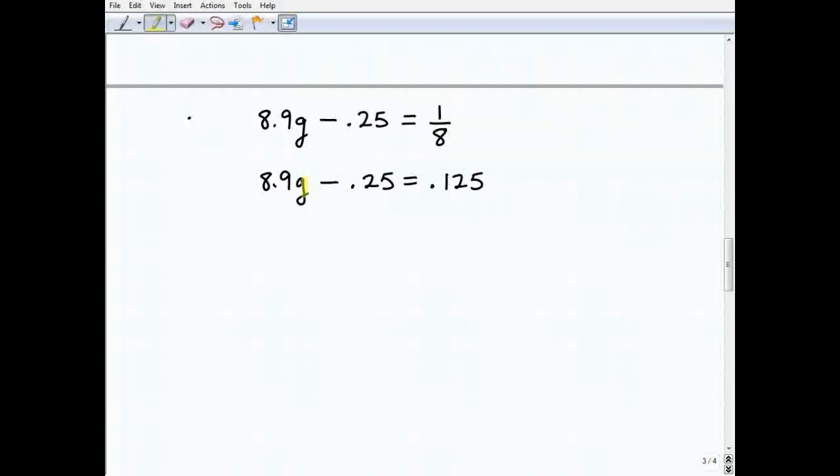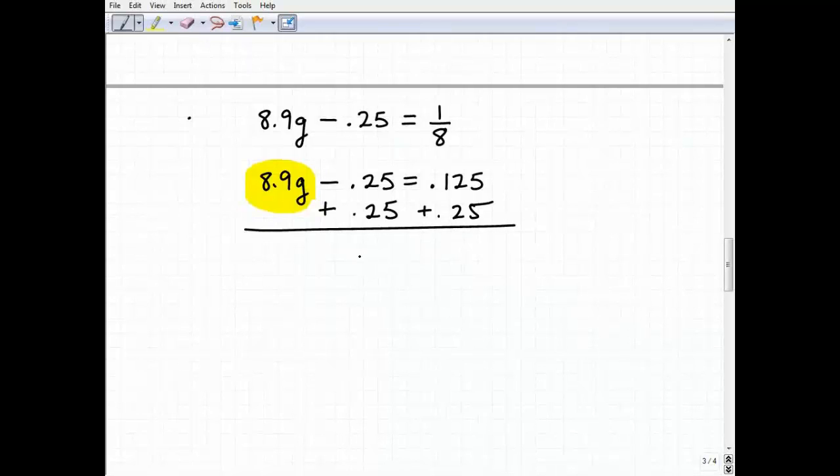Okay, so now let's isolate this variable term. I'm going to add 0.25 to both sides of the equation, and I get 8.9g equals 0.125 plus 0.25, which is equal to 0.375.